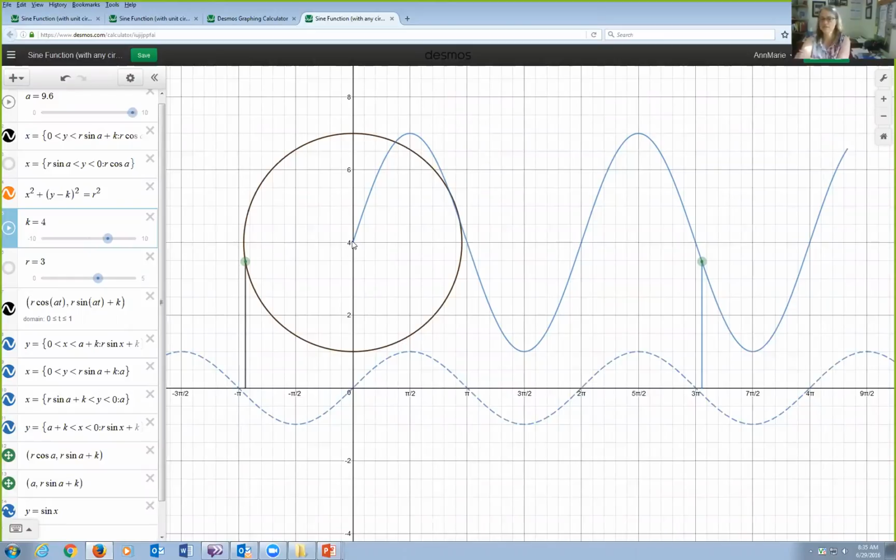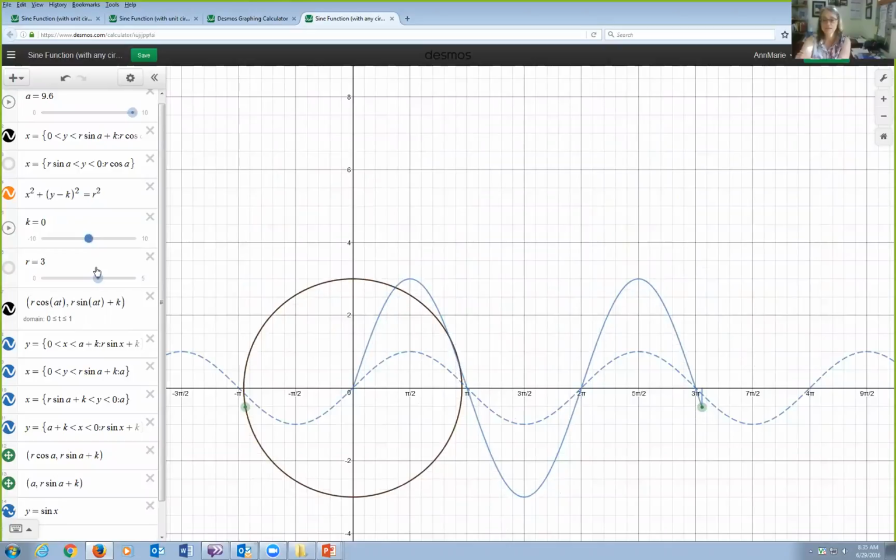Well, if we start here on the horizontal and start moving around, we see we start at 4 and we alternate between 7 and 1. So the center line is shifted up by however far our center is elevated off of the origin.